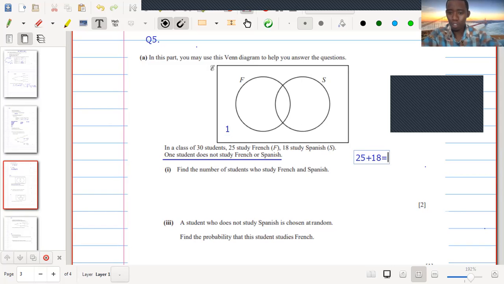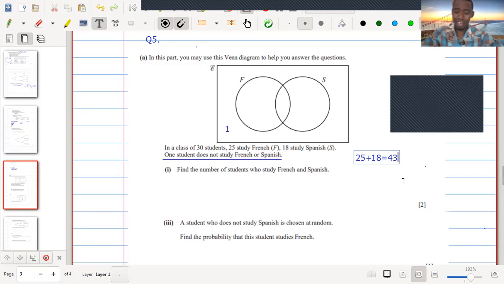If you add them, the sum is 25 plus 18, which is simply 43. You can see the number is more than the students in the class. They're supposed to be 30. So one is outside, that means 29.